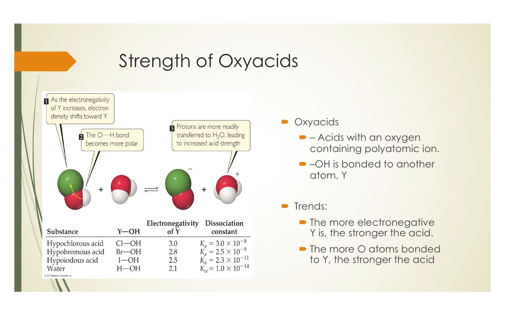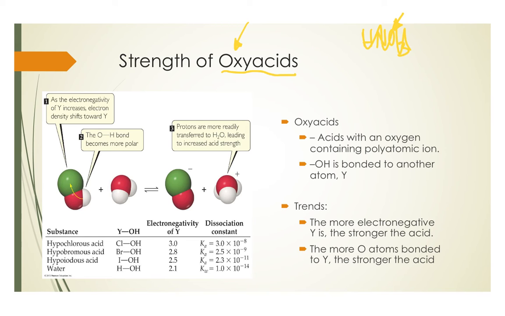Okay. Other thing to think about in terms of strengths of acids is strengths of oxyacids. Oxyacids, of course, are acids that have oxygen as part of the negative ion. So things like HNO3 would be an oxyacid because it's an acid with oxygen in the polyatomic negative ion.